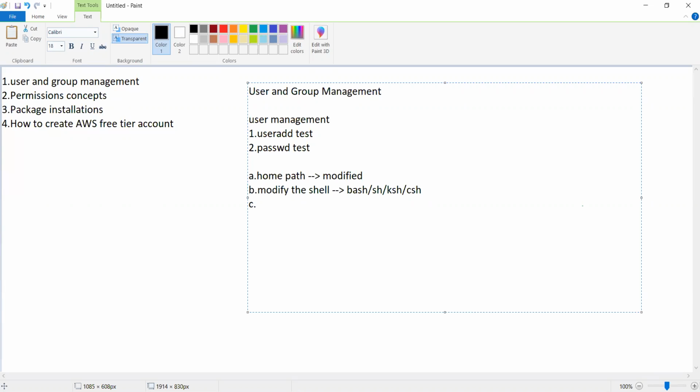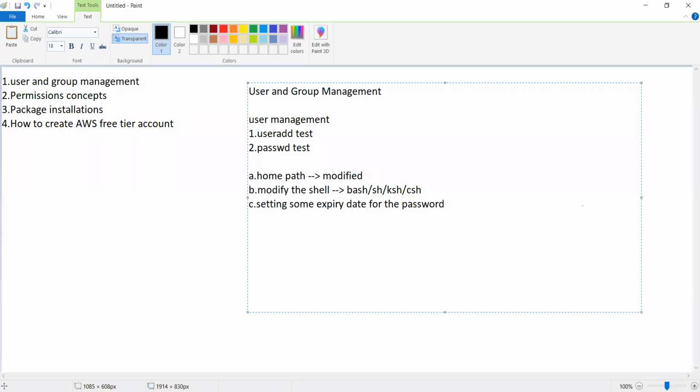And the final thing is, you created a password and you have an option of setting an expiry date for the password, right?